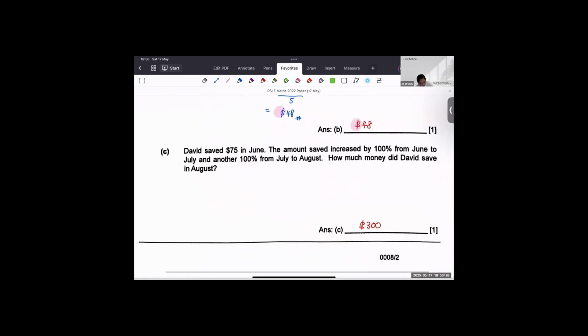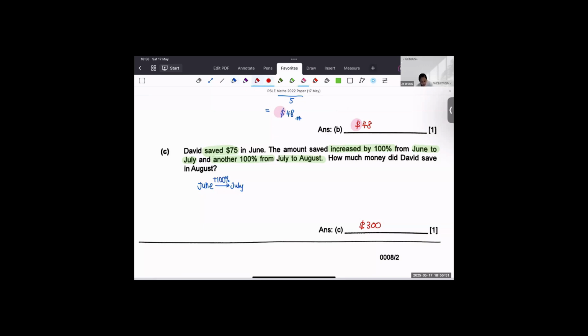David saved $75 in June. The amount increased by 100% from June to July and another 100% from July to August. So we always look at 2 months at a time. June to July, the increase is 100%.